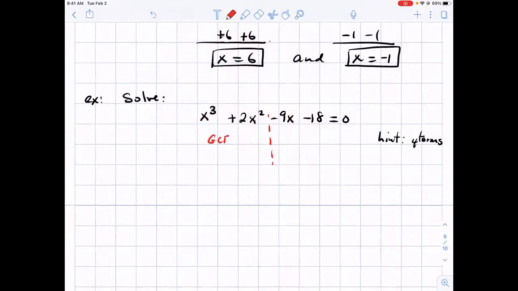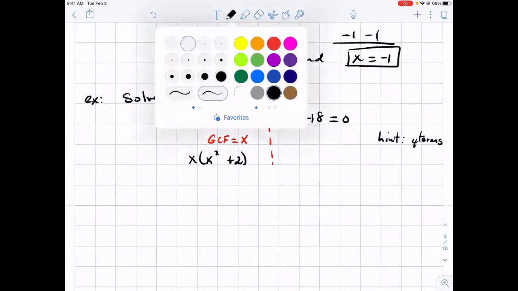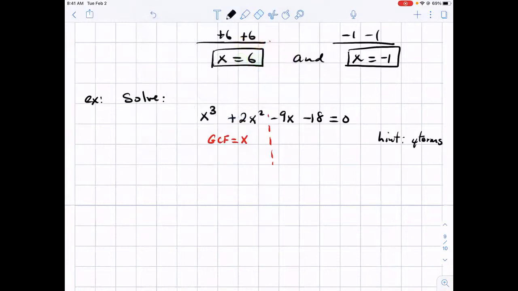So the GCF on this side is x. If you take out an x, you have x squared plus 2. Actually, that's an error. The GCF is x squared because this is the highest power, x squared. So if you take out x squared, you will have x plus 2. The GCF on the other side, remember I said this sign always goes with it, so it's minus and we have a 9.